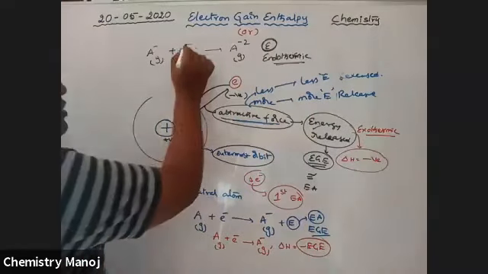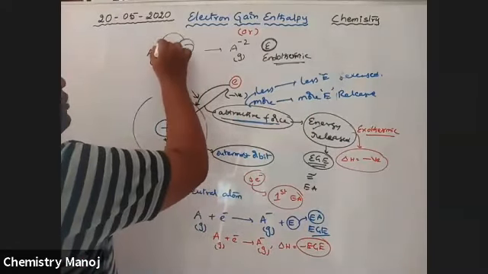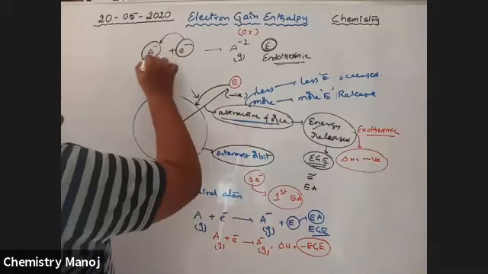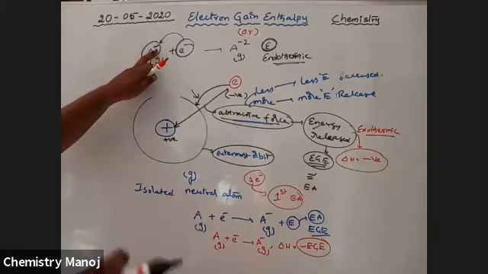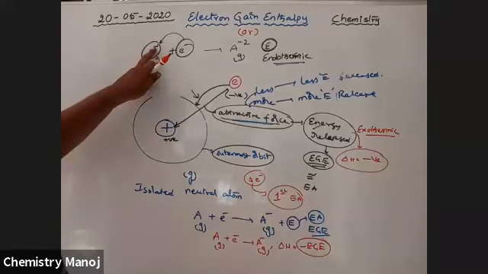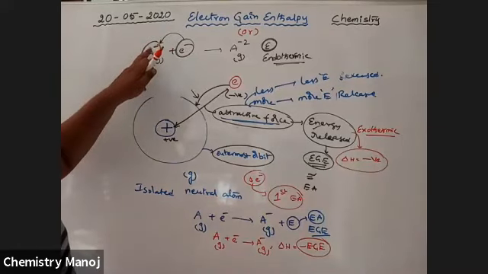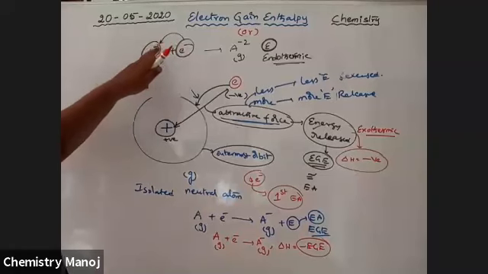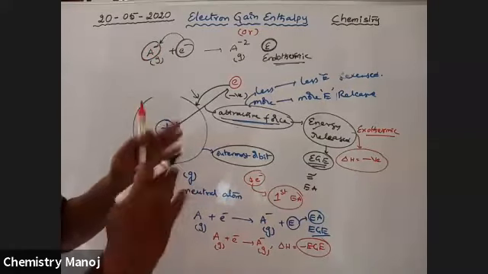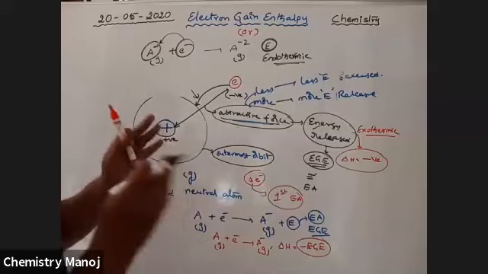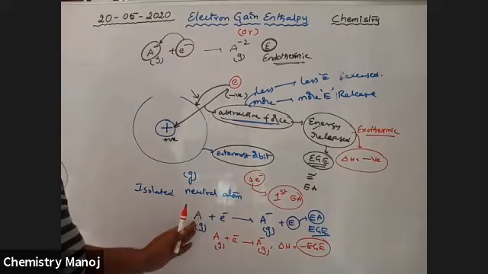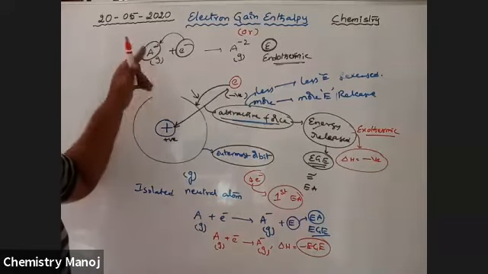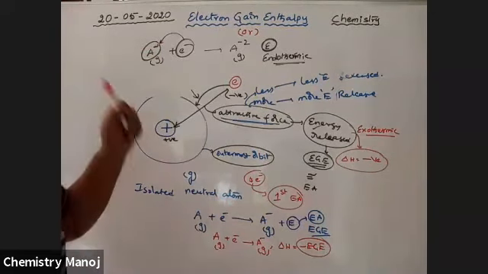That means it is not that easy to add one more electron to an already negatively charged ion. A negative charge means it has more electrons than its original number. So already extra electrons are there, and one more electron is going to be added. That means there is repulsion between the added electron and the already existing electrons. Because of that repulsion, it is not as easy to add that electron as in the previous case. There it is attraction, but here it is repulsion between the existing electrons and the incoming electron.